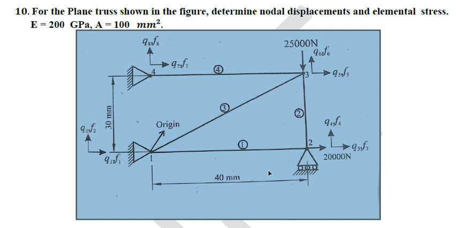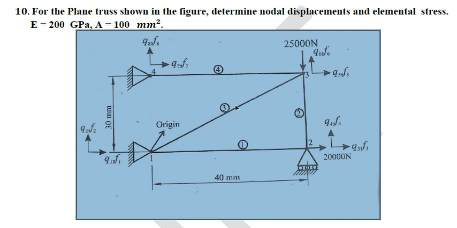So there are 4 nodes, and at each node 2 degrees of freedom. So the global degrees of freedom will be 8 cross 8, because 2 into 4 is 8. The length of element 1 is 40, element 2 is 30, and element 4 is also 40, which is usually observable from the given figure.